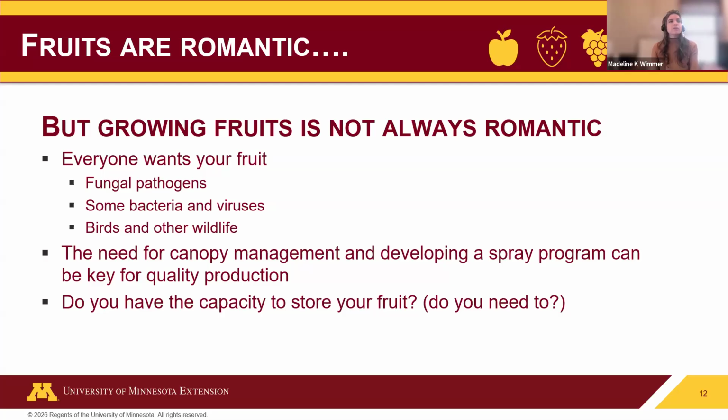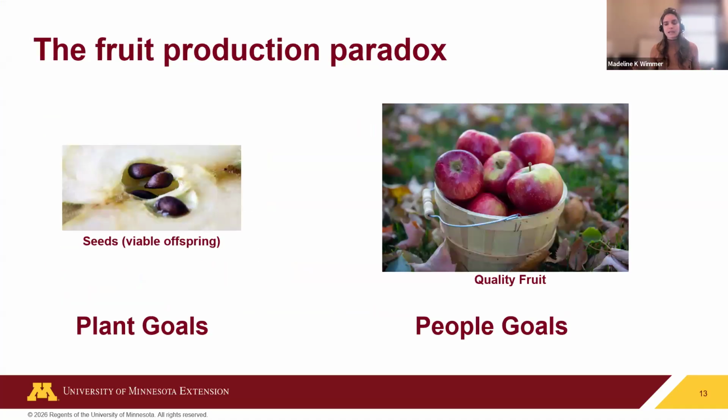Thinking about, do you have the capacity to store your fruit or do you even need to? Maybe you're going to be getting it to market right away, but similar to what you're thinking about with vegetable production as well. There's this whole paradox with growing fruits because the plant's goal, right, is to produce seeds, to produce diversity within its offspring in order to have a stronger generation to come.